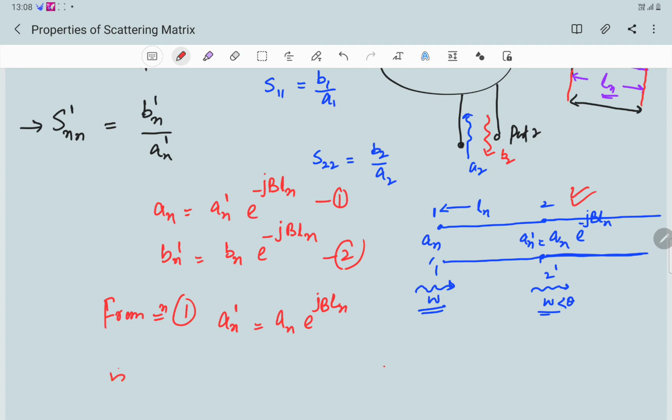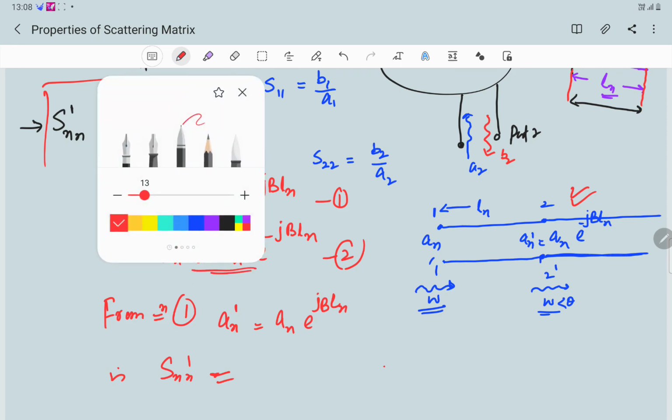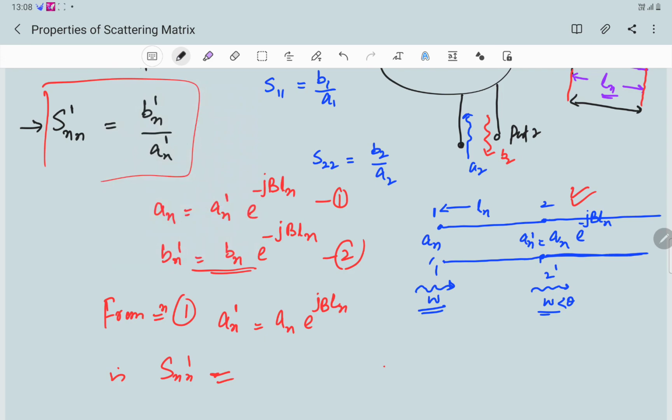So therefore SNN dash, which is the ratio of Bn dash upon An dash, becomes: Bn dash is Bn e to the power minus j beta ln, and An dash is An e to the power minus j beta ln.